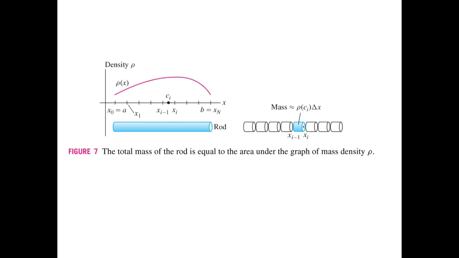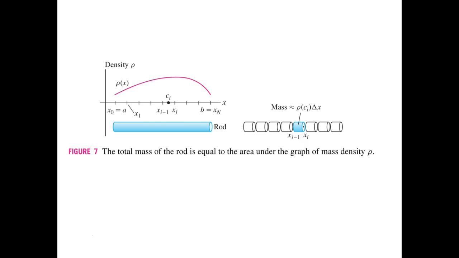The total mass of the rod is equal to the area under the graph of the density. Oh, and here's the graph. I thought they were just showing up. That's the graph. So it starts off low density. It gets greater and greater density till it maxes out somewhere about here, and then starts falling off in density till it's back about where it started, with the largest density somewhere in between.